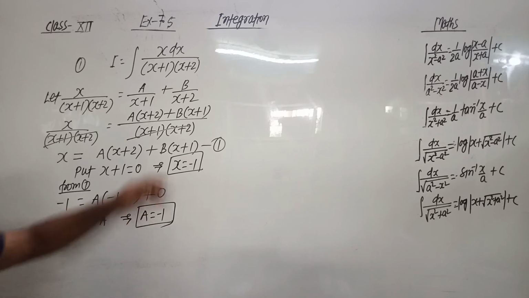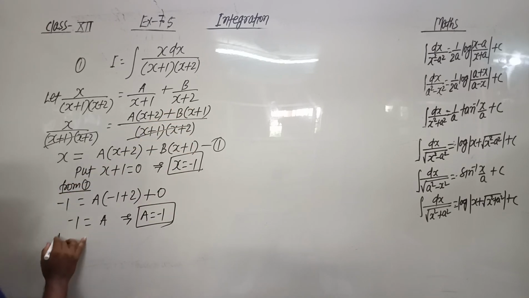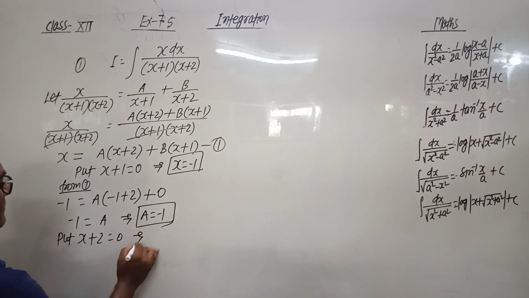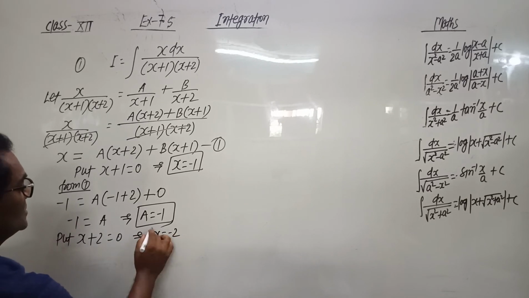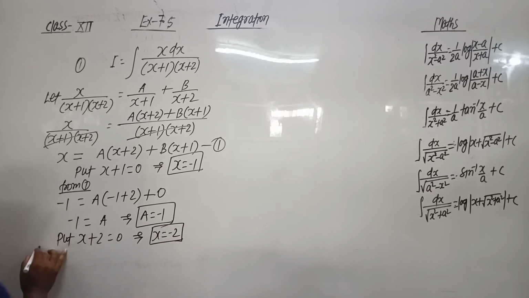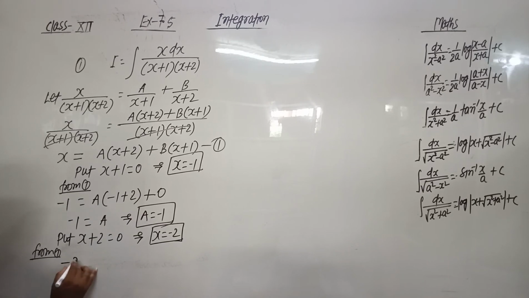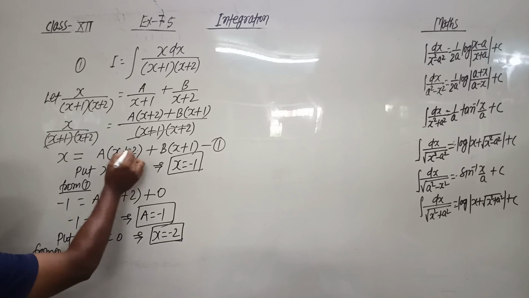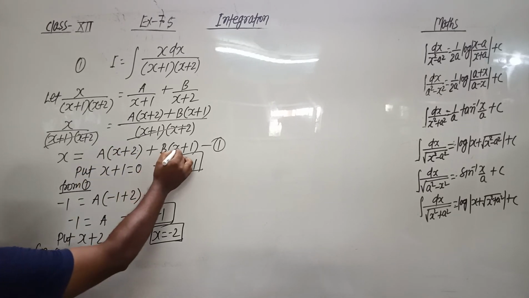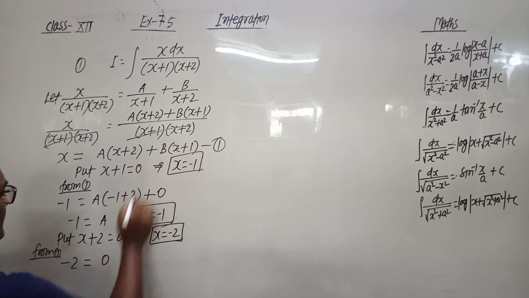Then we put x plus 2 equals 0 and find the value of x, which equals minus 2. Then again in the first equation, the value of x is taken as minus 2. So minus 2 plus 2 becomes 0, and minus 2 plus 1 gives minus 1.